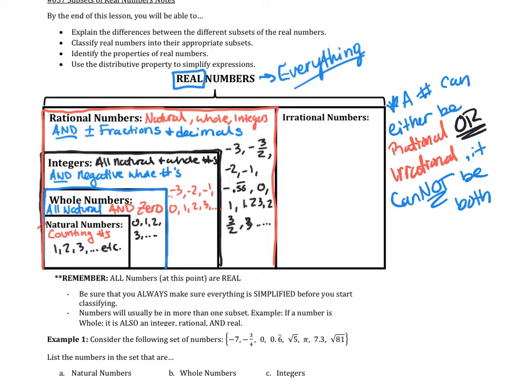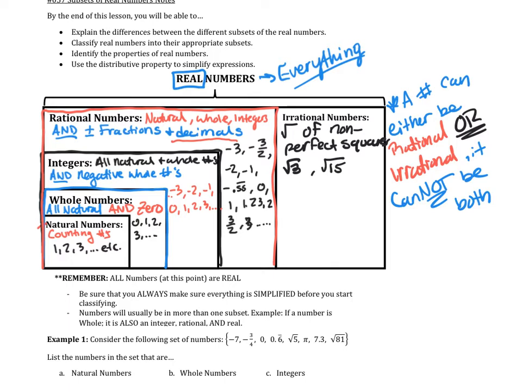Irrational numbers are when we have square roots of non-perfect squares or square roots that we can't easily evaluate. So it's like square root of 3, square root of 15, and so on. We can't evaluate those nicely. When you plug them into your calculator, you get an ugly decimal, and those decimals go on forever, and there's no pattern to it. The decimals in rational numbers are all decimals that can be written as fractions.